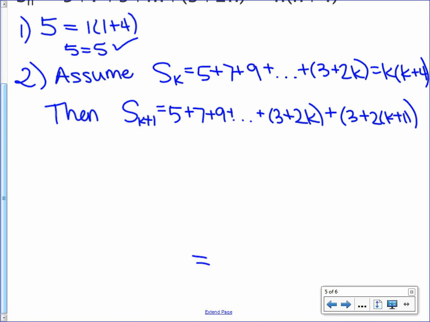We want our sum to equal k plus 1 times k plus 5. This is why you did your homework yesterday. Our sum of the first k terms is k times k plus 4. So if we're adding up the k plus 1 terms, we want it to be k plus 1 times k plus 5.